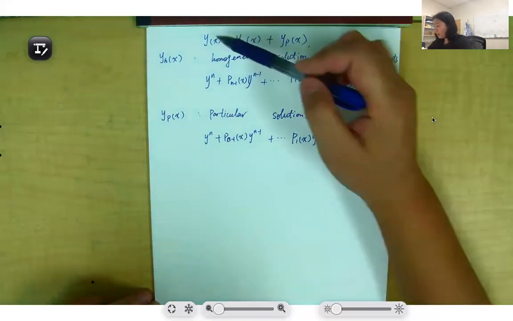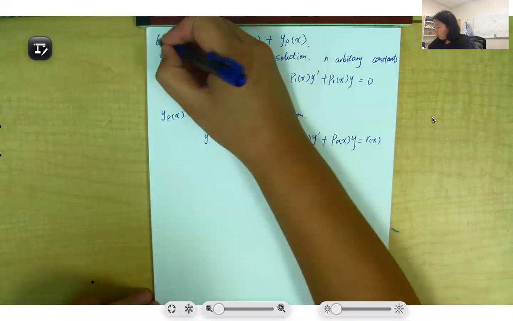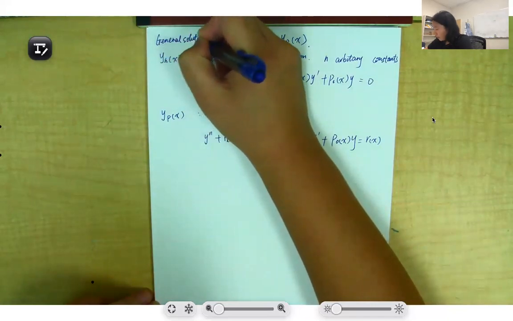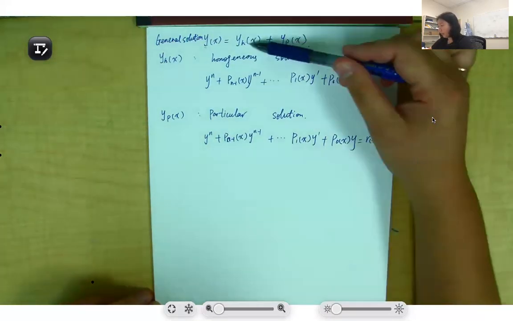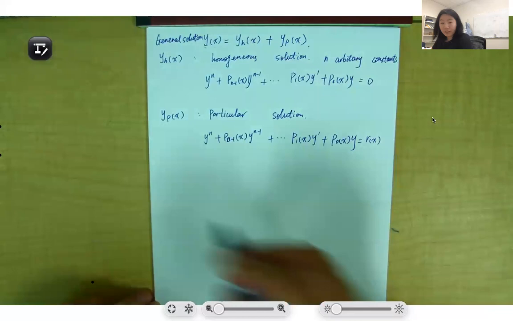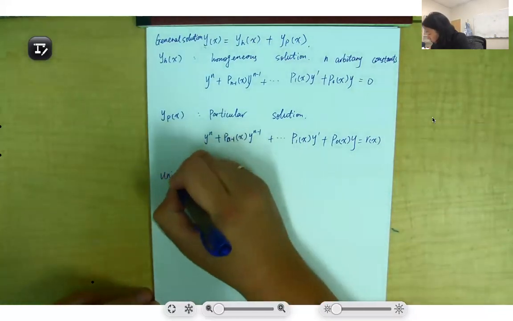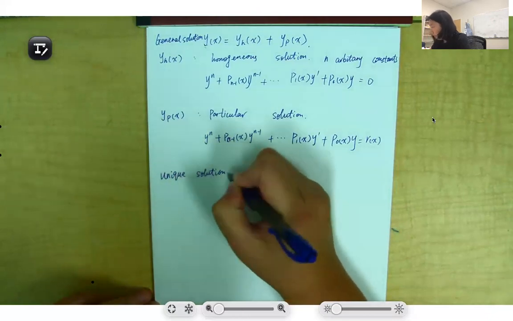And to get the general solution y(x), we usually put these two solutions together. And there is another terminology called unique solution. What are unique solutions?